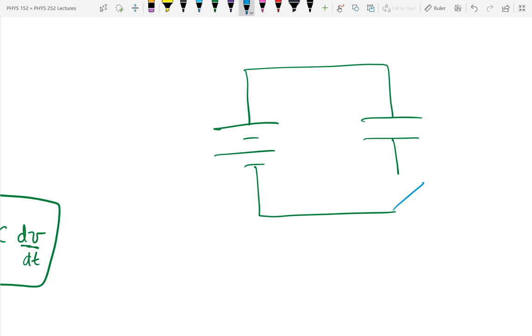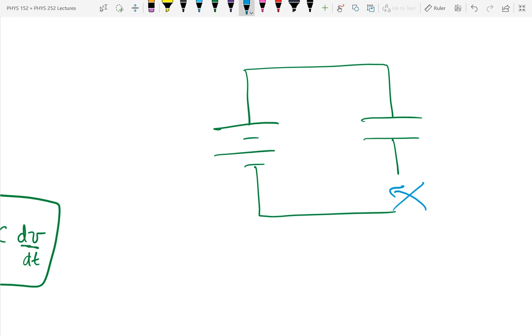And if I close that switch, am I not going to have an instantaneous jump from 0 volts across the capacitor to whatever the EMF of the battery is? It seems like it should, but then we have to face the realities. That wire does not have zero resistance.